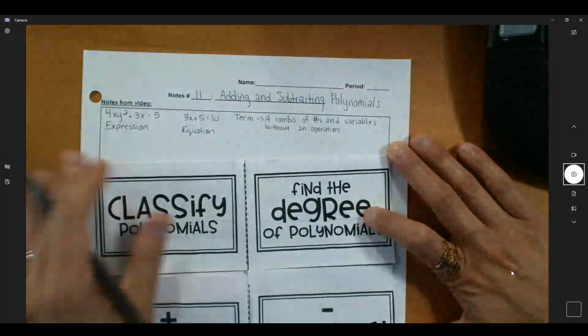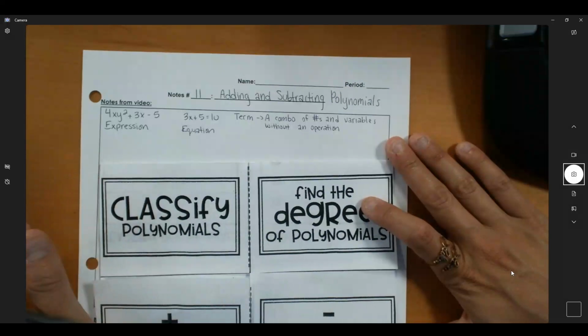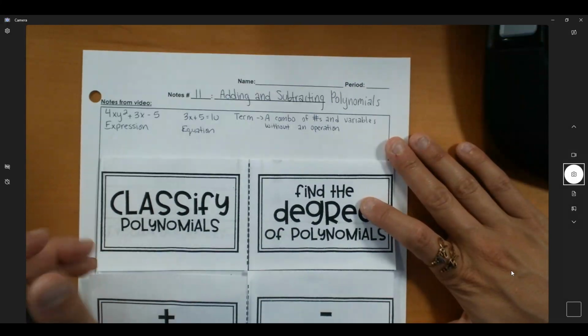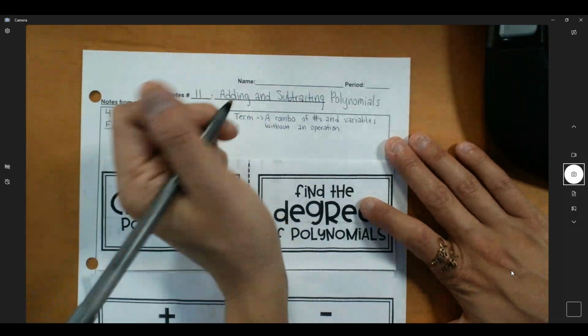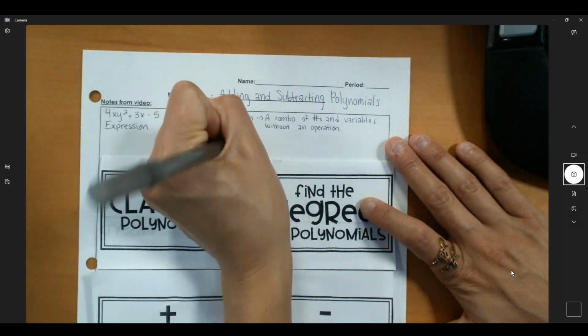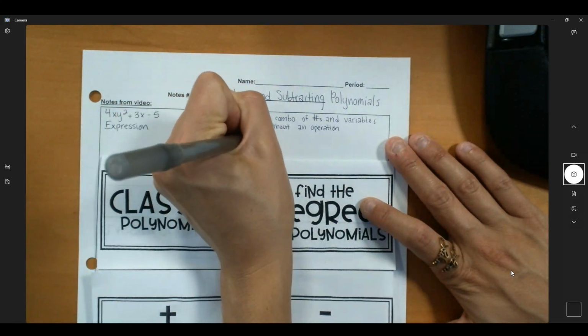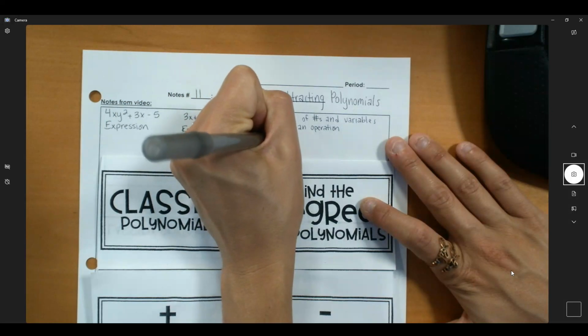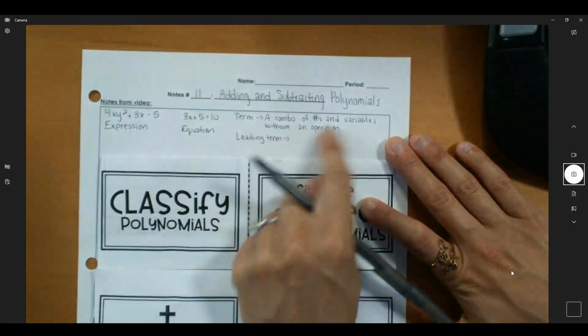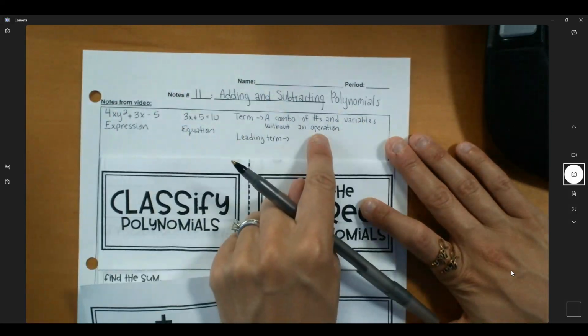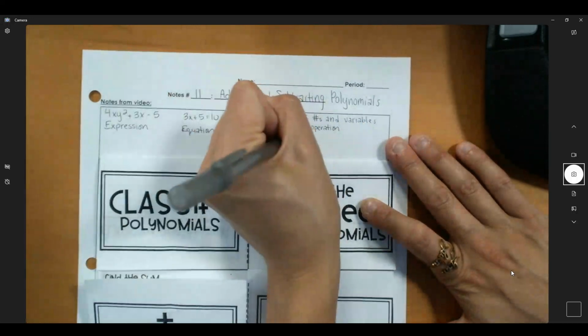And operations are like plus, minus, division, multiplication. Your leading term is this, right? Because it's a term, but it's the one with the highest degree.